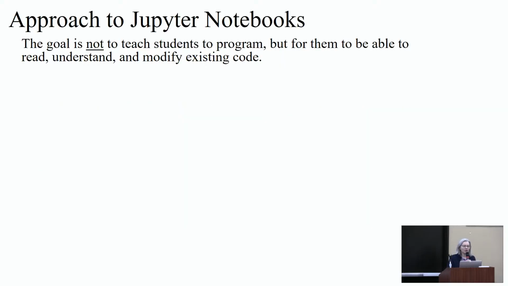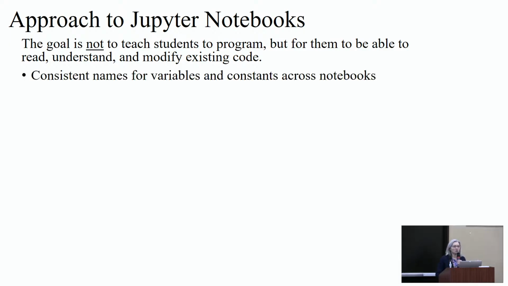So my approach to these notebooks was pretty deliberate because I didn't want to expect that these students had any programming experience, and my goal was really not to teach them how to program, right? There are entire courses that do that, and trying to do that in the context of also teaching astrophysics would be a little bit too much to try to do in one semester. So to facilitate this for students, I tried to be very consistent about how I named things across notebooks.